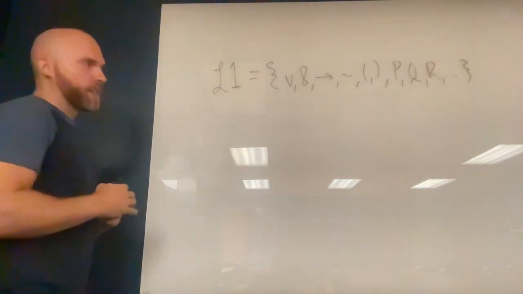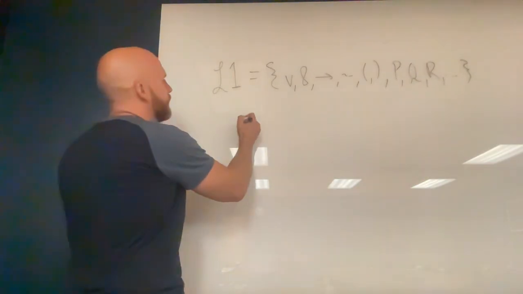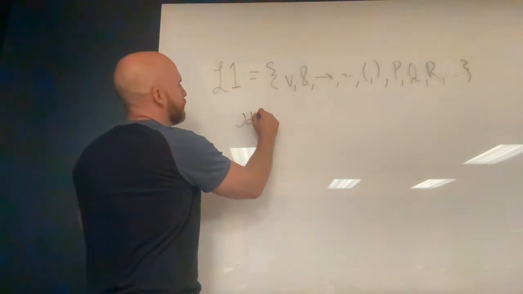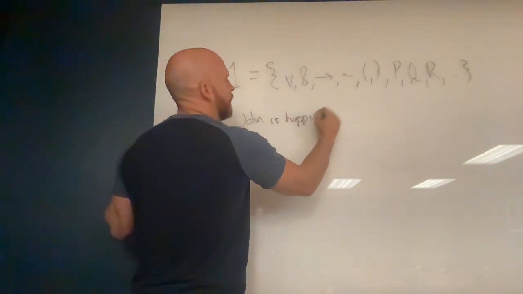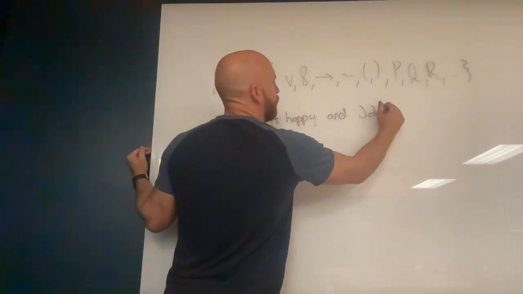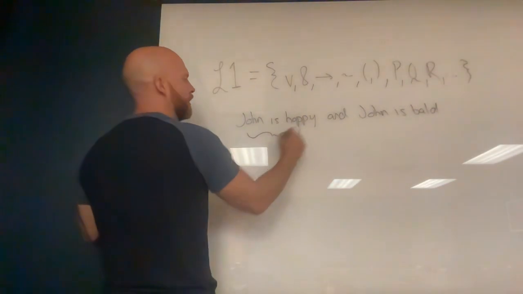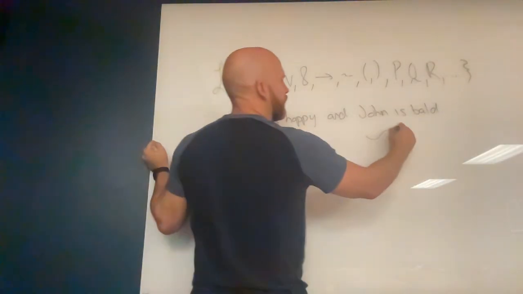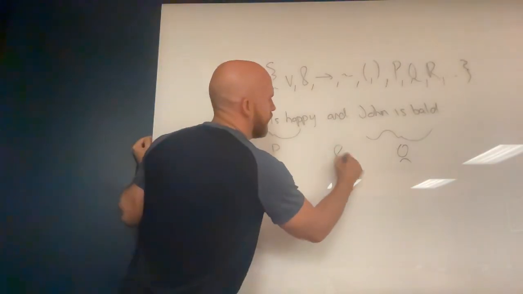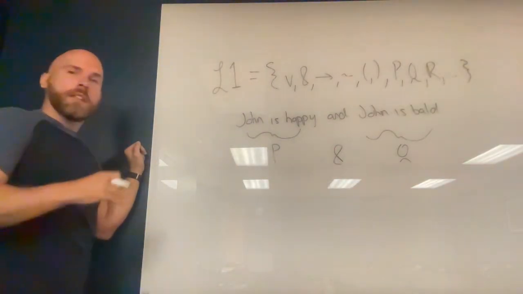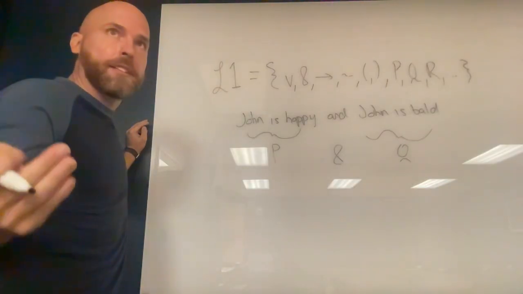So some things that we've discussed, in recipe form, that we can do: you can pretty easily, in a lot of cases, translate conjunctions. So, John is happy and John is bald. You just introduce P for John is happy, introduce Q for John is bald. The conjunction's right there, and then you go P and Q. Now, in natural language, 'and' doesn't always work this way.